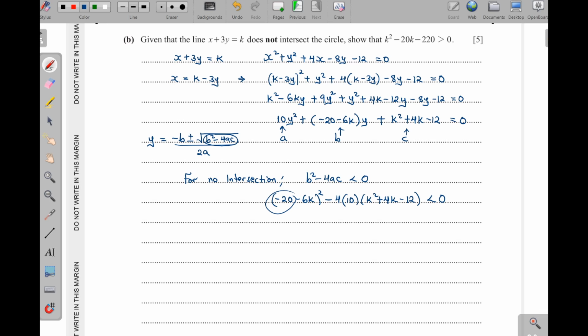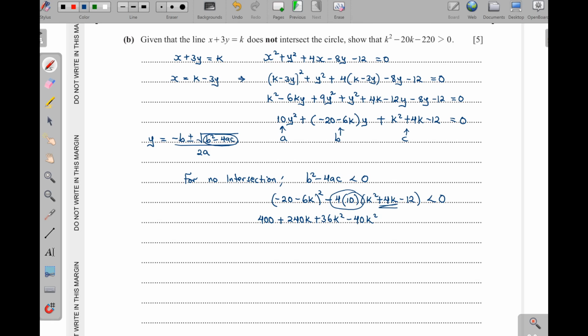Now, square the negative 20, you get positive 400. 2 times negative 20 is negative 40, then times negative 6k, positive 240k. Then square this one here, that will give us 36k squared. This is 40 times the k squared, that will now be negative 40k squared.